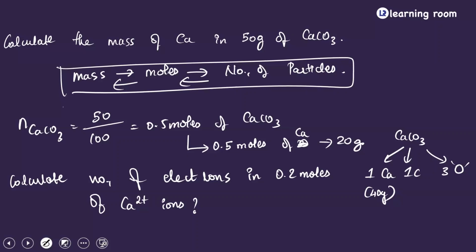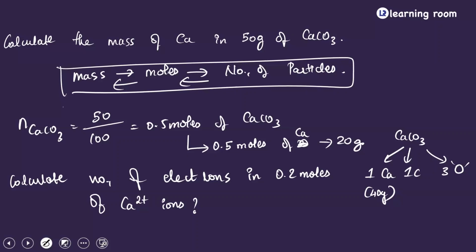What did you do? In one box there are 10, so in 1 dozen boxes there are 10 dozens. Correct? In one box I have got 10 chocolates, so in 1 dozen boxes I will have 10 dozens of chocolates. So 10 dozens of chocolates will be 10 into 12.